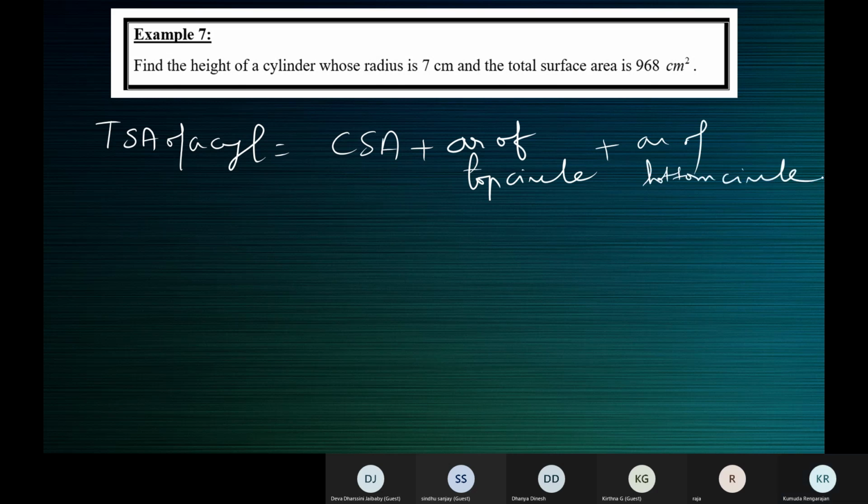What is the CSA? What does the CSA formula say? We are deriving the formula. Perimeter, 2 pi RH, ma'am. What's the area of the top circle?